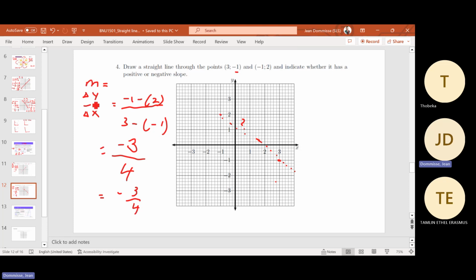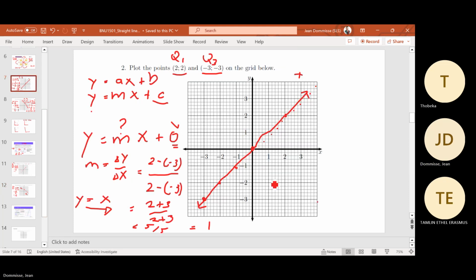So what you can see in this one is when there's a point in your second quadrant and there's a point in your fourth quadrant, what happens is that there's a negative slope or negative gradient.